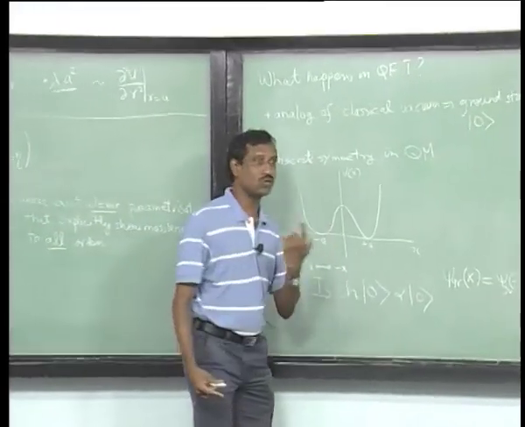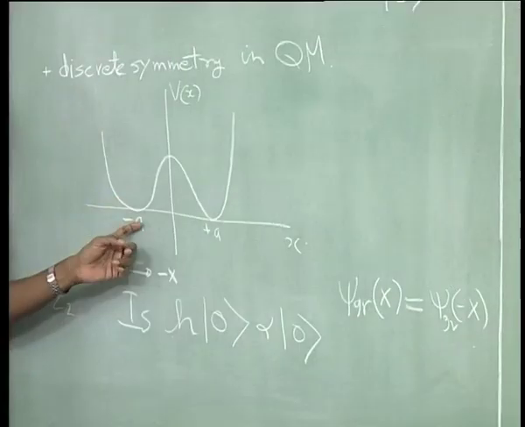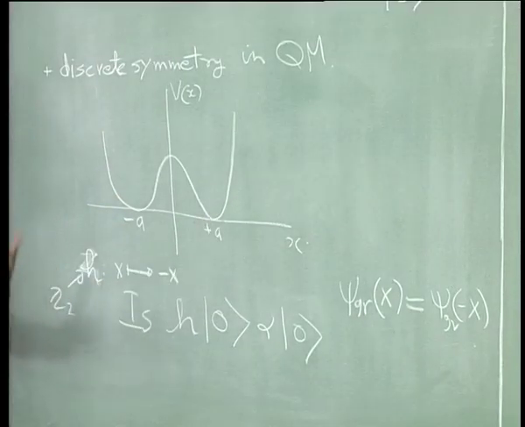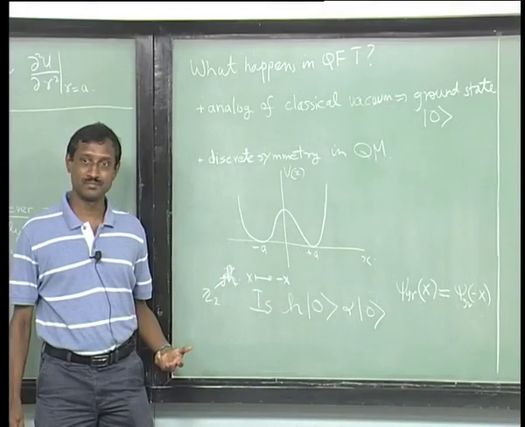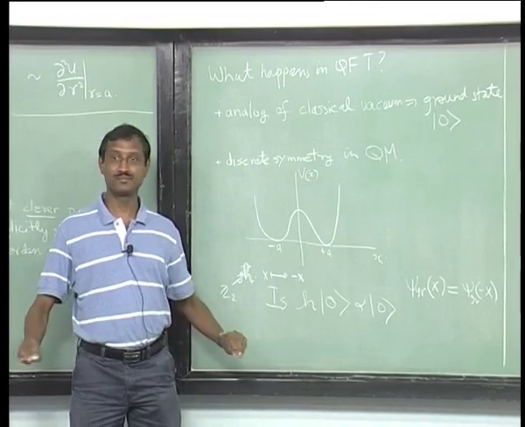But in quantum mechanics this does not happen because there is something called tunneling. Because of tunneling, you find that the actual true ground state is a coherent superposition of the two states which you have written. So the true ground state actually preserves the symmetry.